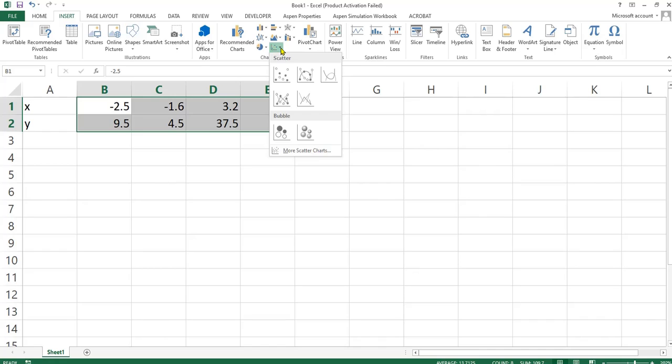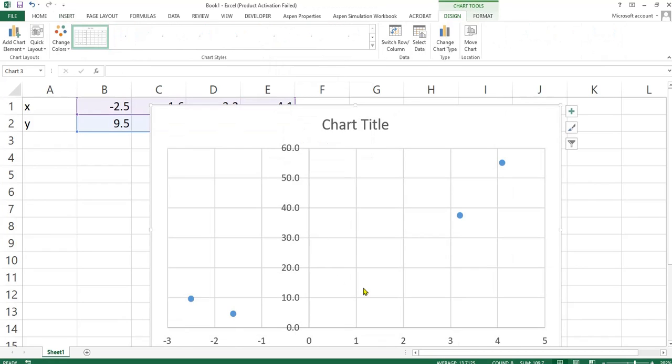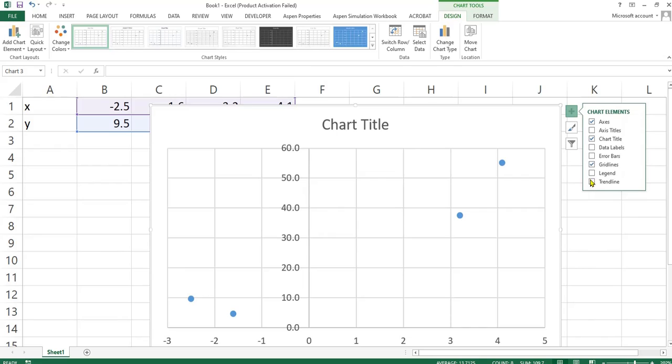Now we use X. Having drawn this, we'll just come to this plus sign. We go down to here.